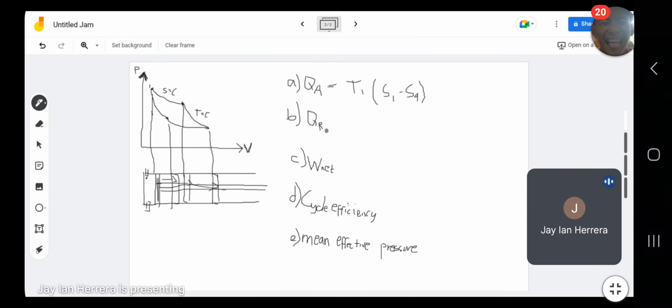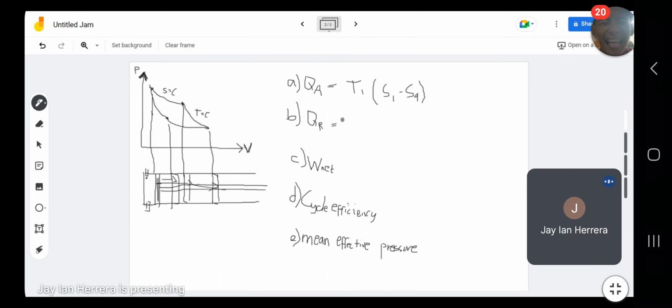So madaling sabi, every process natin, let's say for example yung point 1 here, kailangan natin kunin yung different properties niya like temperature, volume, pressure, and so on. And then makukuha natin yung delta S niya. Let's say for example, here to here is isentropic process.